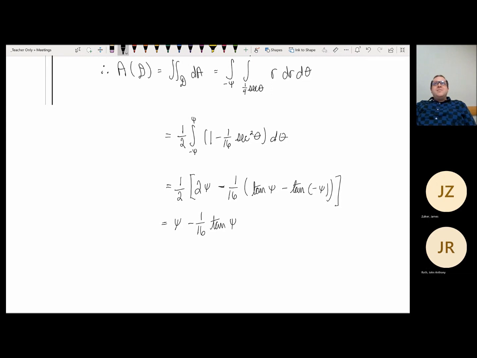What is that property known as? Tangent is an odd function. Definition of an odd function, f of negative x is equal to negative f of x. So tangent of negative psi is the same as negative tangent psi. So that difference is 2 times tangent of psi.